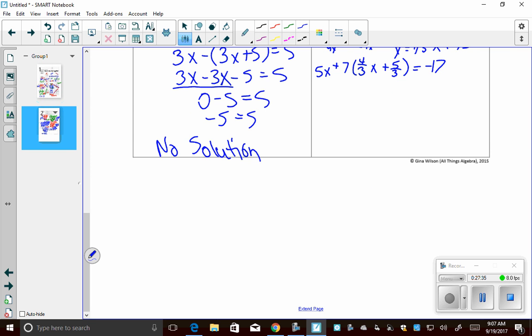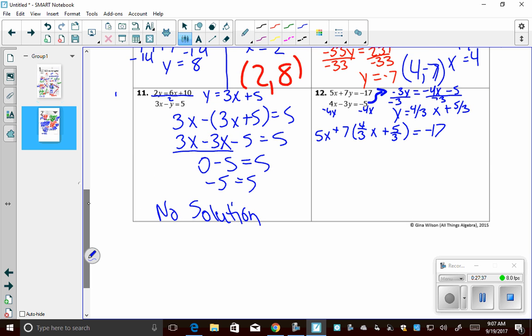So from here, you are going to distribute the 7 within the parentheses. So I'm going to get 5x plus 28 over 3x, because 28 over 3 cannot simplify, plus 35 over 3 is equal to negative 17.